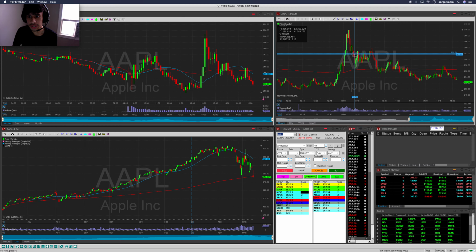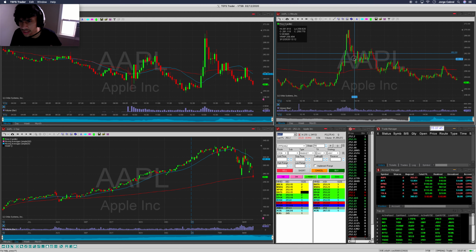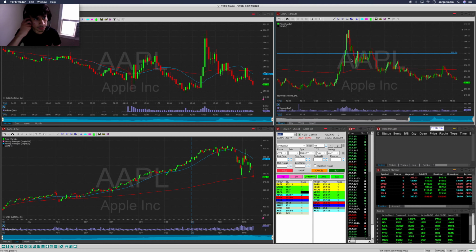Wrote it down, waited for the close, came back up a bit, wrote it down. Now I sold this at, my average fill was probably 260.50. So I made a little more than a point on this trade.